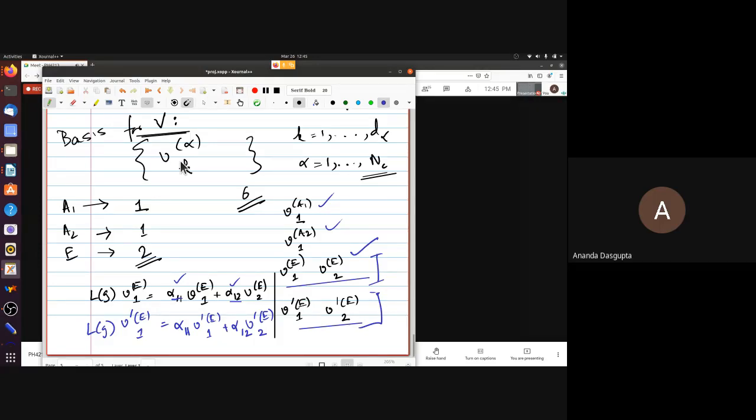Each of the invariant subspaces carries a representation. The big space carries a direct sum of those representations. And that is what reducibility is: whether you can reduce a representation on a big space into a direct sum representation of others. So all these concepts tie up together. They are not independent of each other.